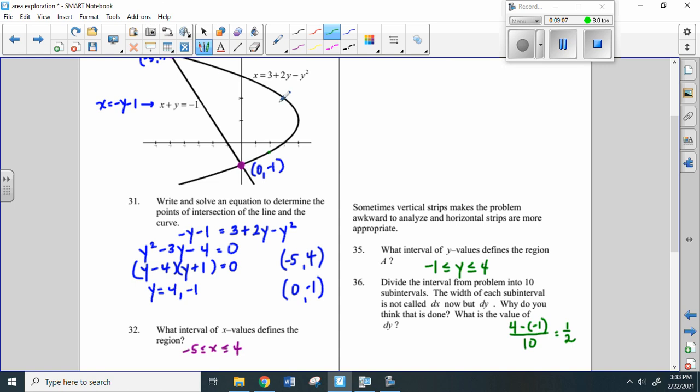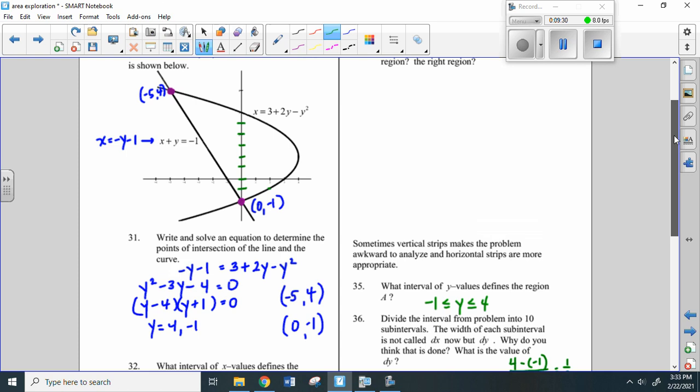So when we break this up into horizontal strips of width 1/2, that's how tall they are on the y-axis, and we've got to go all the way up to 5. I'm just marking them here, but technically the rectangles are only going to go inside the shaded region. And again, the reason it's now called dy is because these are the changes in the y values.